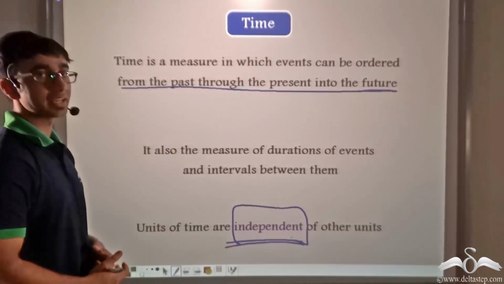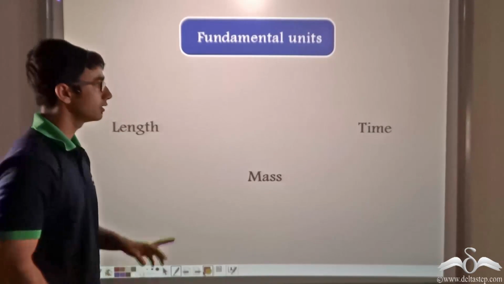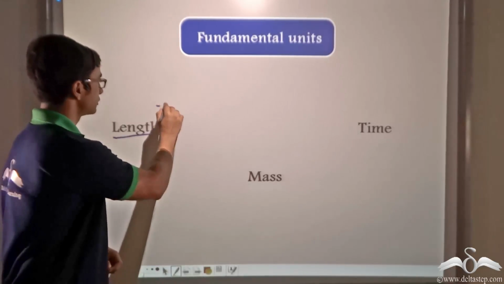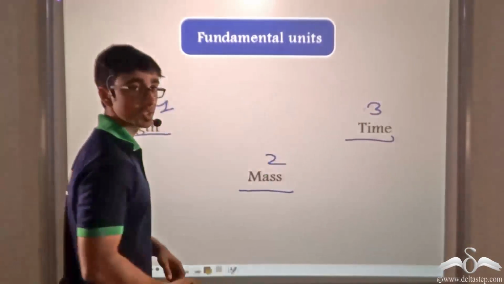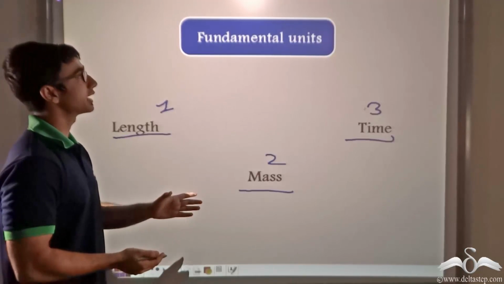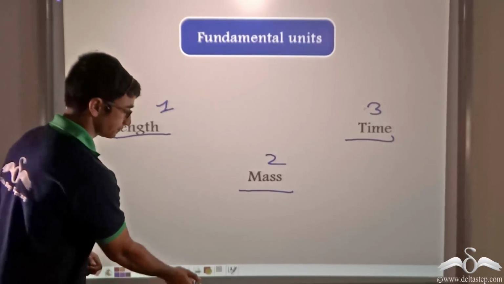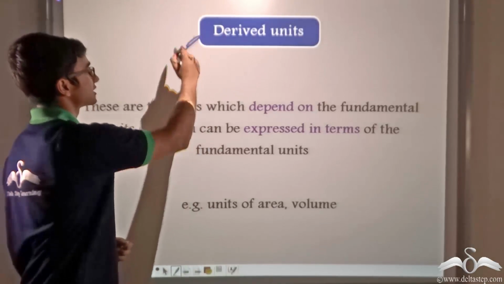So thus we found that there are three fundamental or basic units. These are length, mass and time. So length, mass and time, which do not depend on any other units, are known as the fundamental units. On the other hand, we also studied derived units.